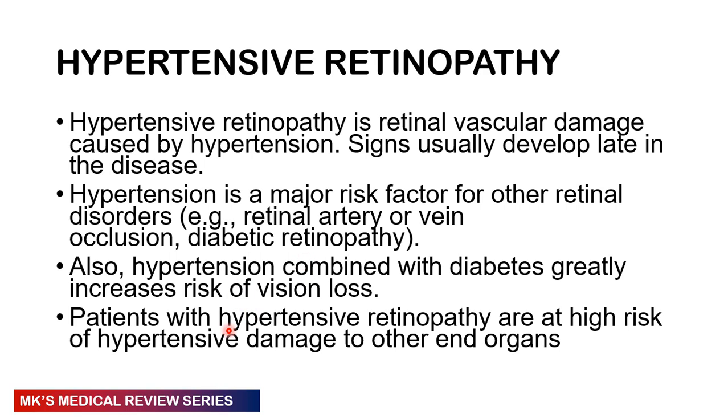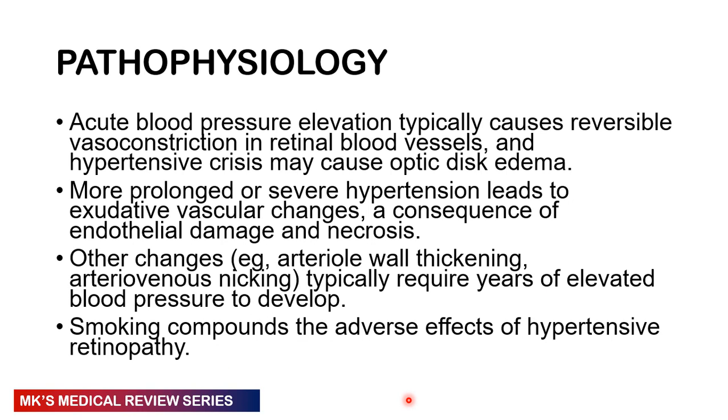Remember that patients with hypertensive retinopathy are at high risk of hypertensive damage even to other end organs such as the kidneys. When you have an acute blood pressure elevation, it typically causes a reversible vasoconstriction of the retinal blood vessels. In patients that have a hypertensive crisis, they may even have optic disc edema.